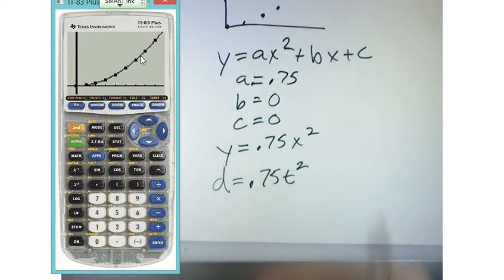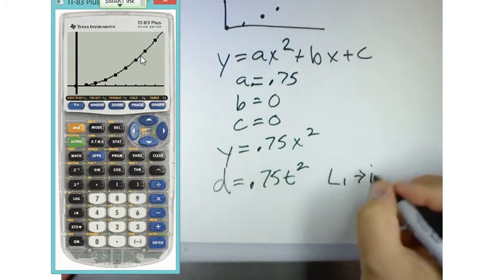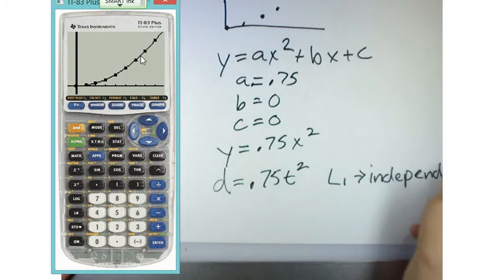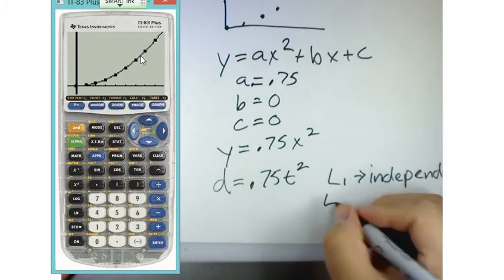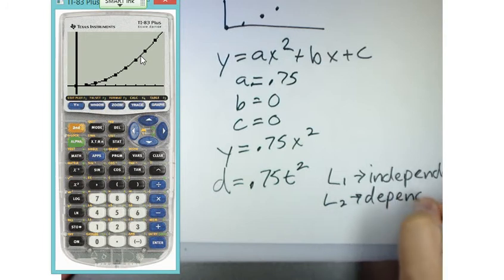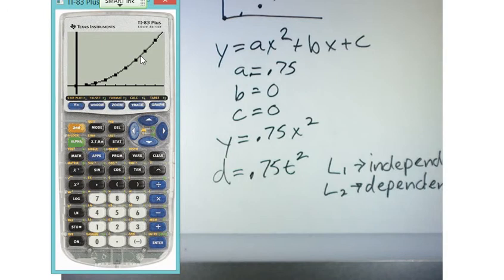Another thing to keep in mind is that L1 is usually the independent variable, where L2 in the calculator is the dependent. Sometimes you have to remember that because the book won't tell you, especially in your stat class, and if you accidentally put the wrong variable in the wrong spot, you'll get a wrong answer. Okay? Okay, good.